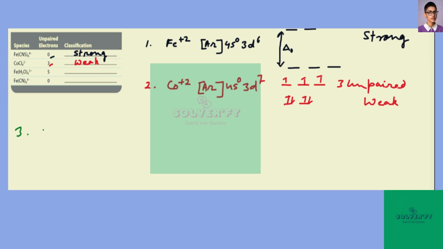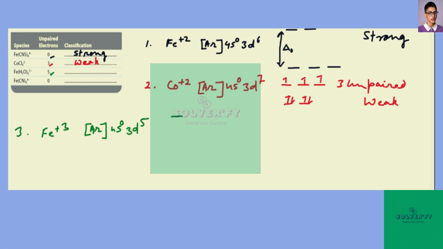Iron is here at +3 oxidation state, and its electronic configuration should be [Ar], nearest noble gas configuration, then 4s0 and 3d5. 1 electron is removed from the d orbital. 5 electrons are present in the d orbital, and here in the question it is given that 5 unpaired electrons. That means all the electrons present are unpaired.